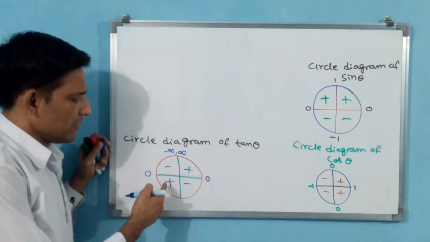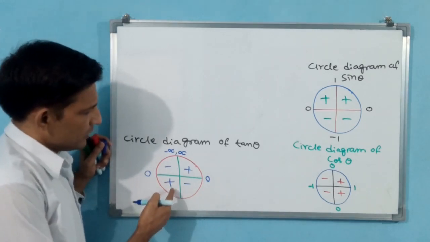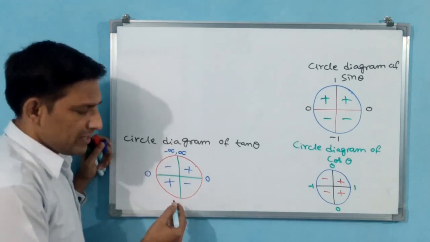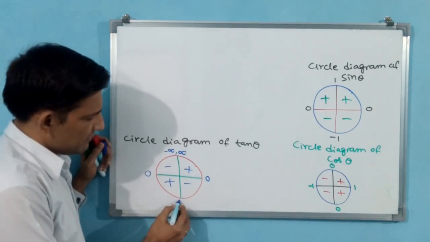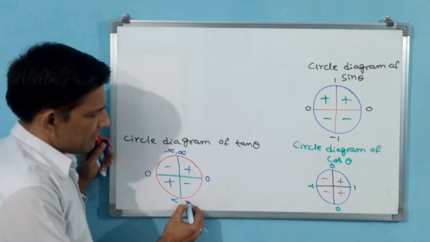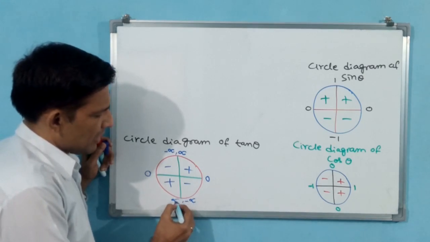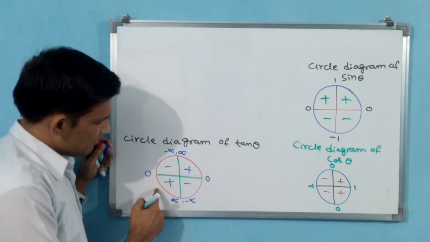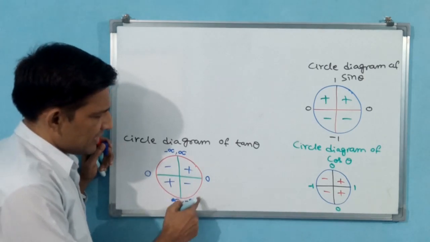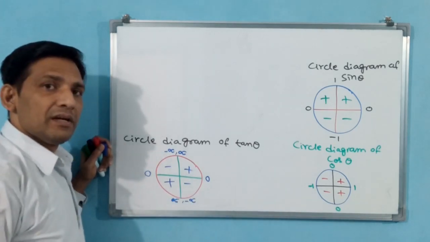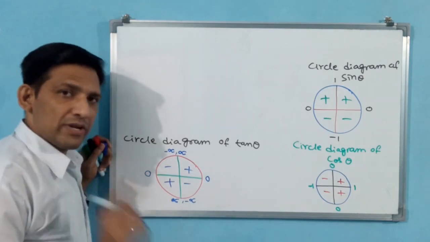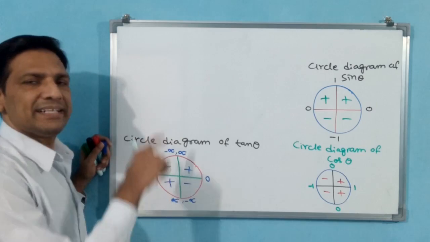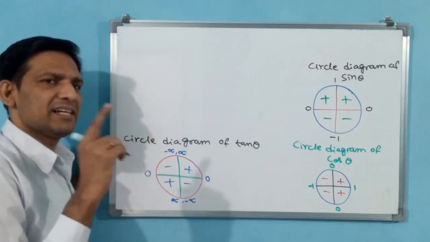Now here also -1 by 0 is infinity, but how to write that infinity? Plus side plus infinity, minus side minus infinity, with a comma. Like this only you have to take. This is applicable for tan theta, cot theta, secant theta, cosecant theta.